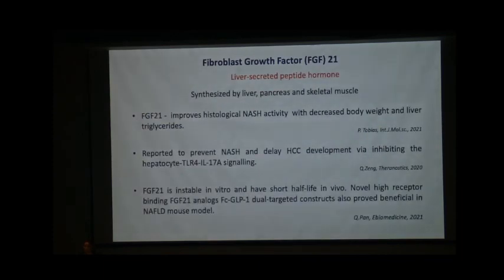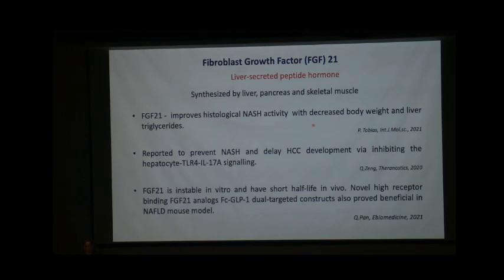Another factor they found was FGF21, which is a fibroblast growth factor and a liver-secreted peptide hormone, but synthesized in the liver, pancreas, and skeletal muscle. FGF21 has also been shown to improve histological NASH activity with decreased body weight and liver triglycerides.